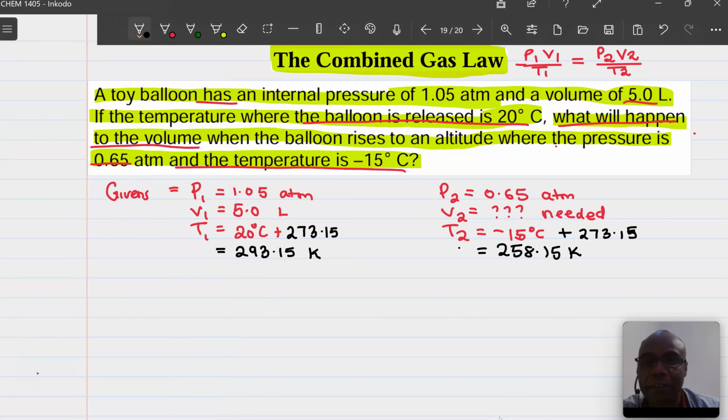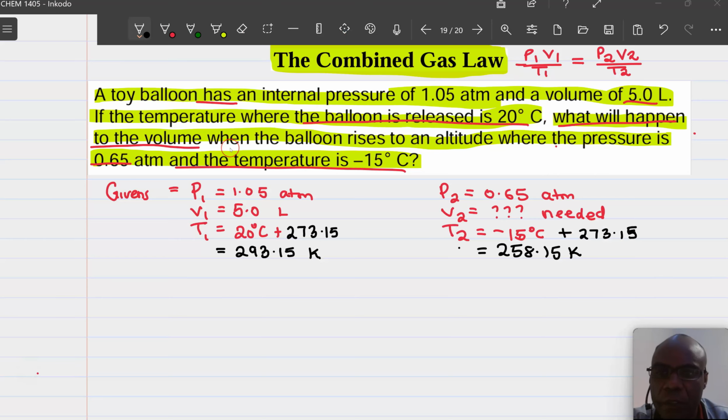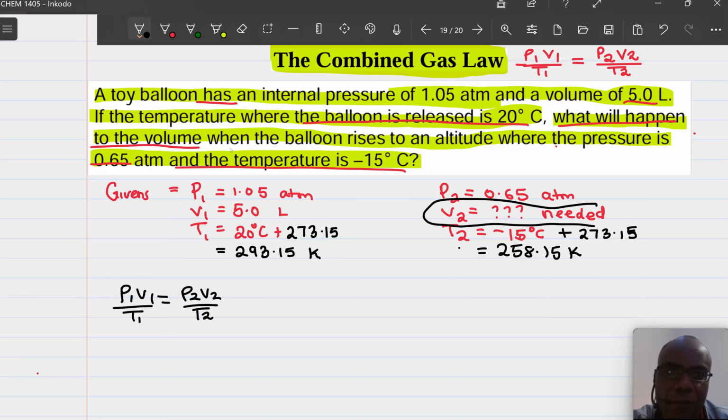Now I have everything. What is left is to bring up my formula, P1 V1 over T1 equals P2 V2 over T2. It looks like we need V2, so I have to make it the subject of the formula.